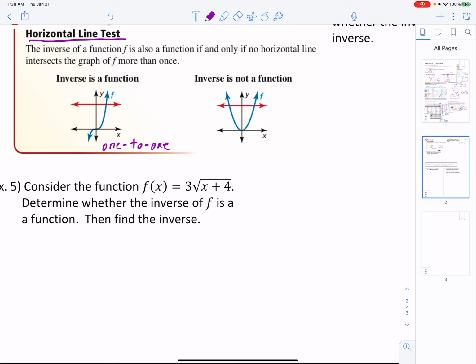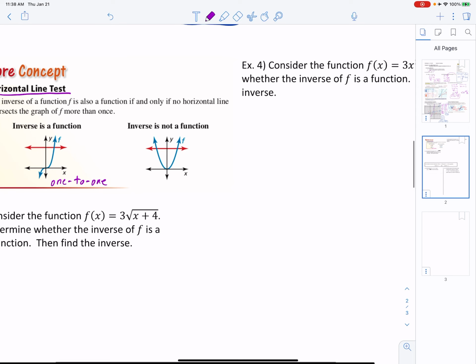And when it fails the horizontal line test, that means its inverse is not a function. y equals x squared is a function, it passes the vertical line test, but since it doesn't pass the horizontal line test, its inverse is not a function. So that's what we're going to be doing to determine if a function's inverse is a function.